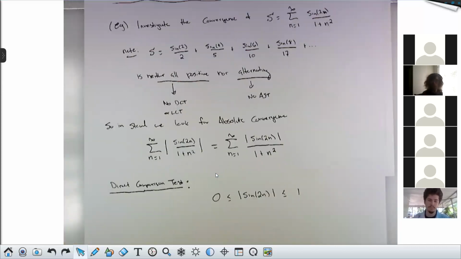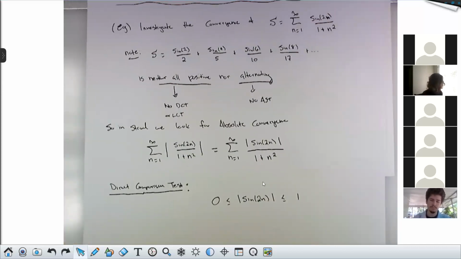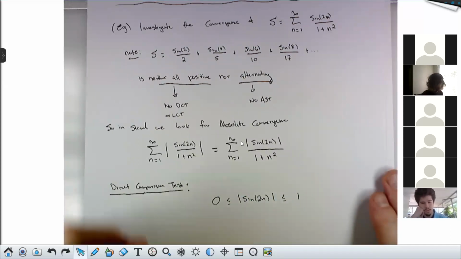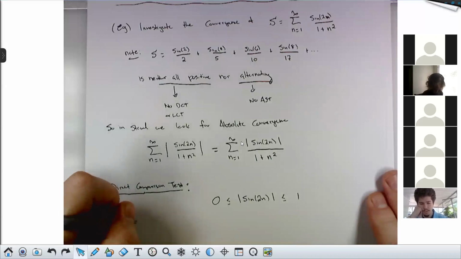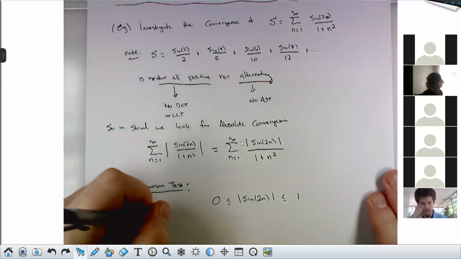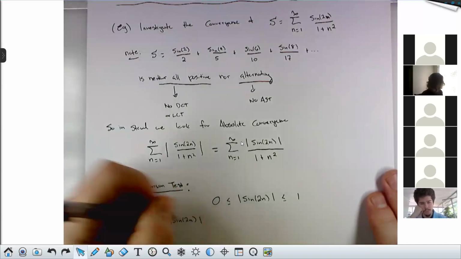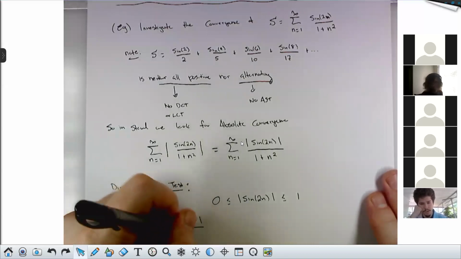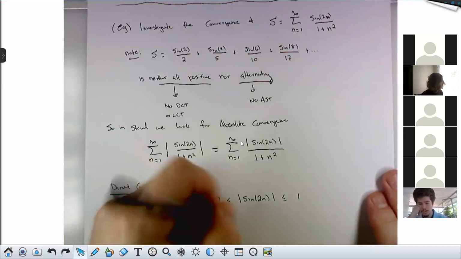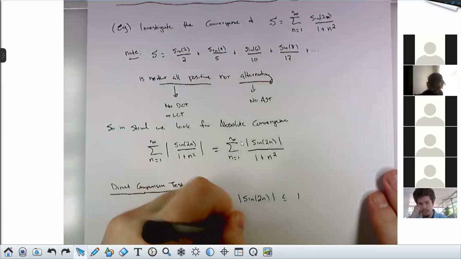Because the sine of anything is always between -1 and 1. When you take the absolute value of sine, it becomes non-negative, greater than or equal to 0, but the sine of anything is always at most 1. And this would imply that 0 is less than or equal to the absolute value of the sine of 2n over 1 plus n squared, which is less than or equal to 1 over 1 plus n squared.